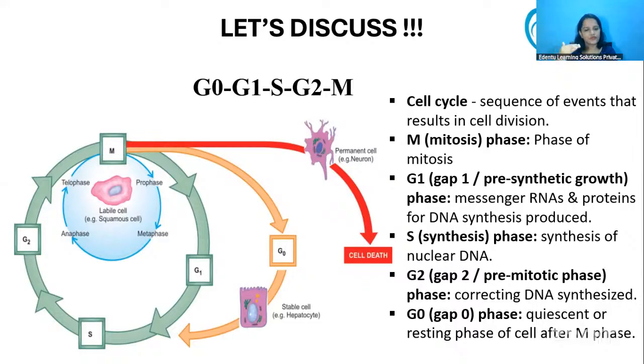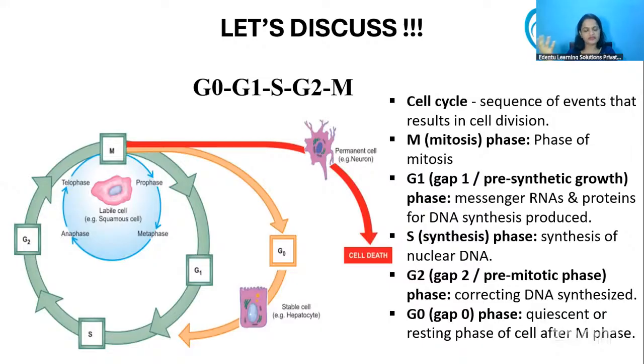Following the synthesis phase is the G2 phase, which is the gap 2 phase or the pre-mitotic phase. Just before the mitosis, a special phase is there, called the G2 phase. It acts like a check of whether the DNA that was produced in the S phase is proper or not.